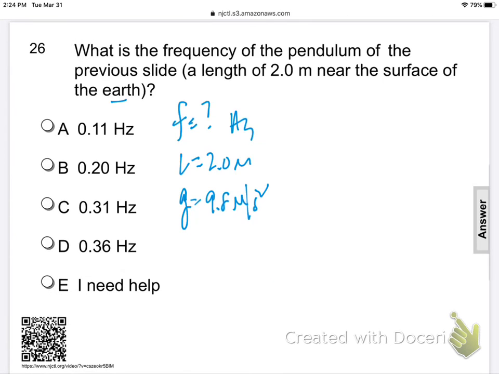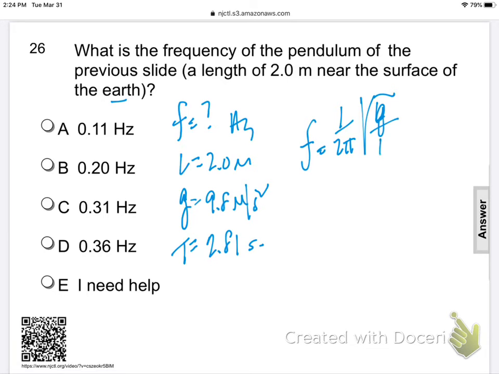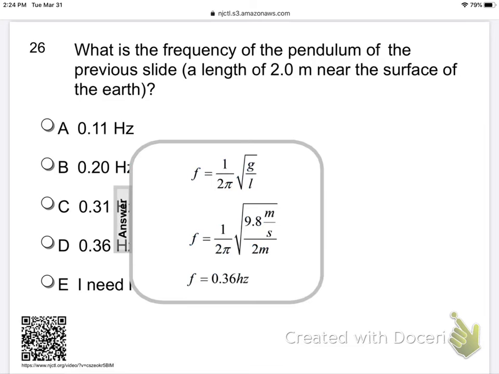It was 2.81 seconds. So frequency is 1 over 2 pi times the square root of G over L. And we can plug in those values and we get 0.36 hertz.